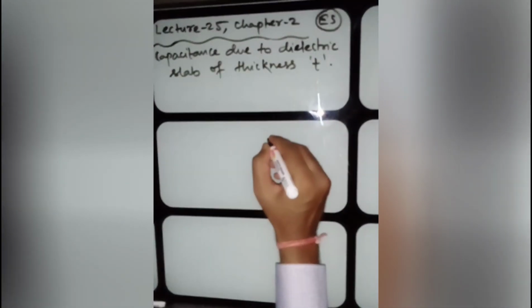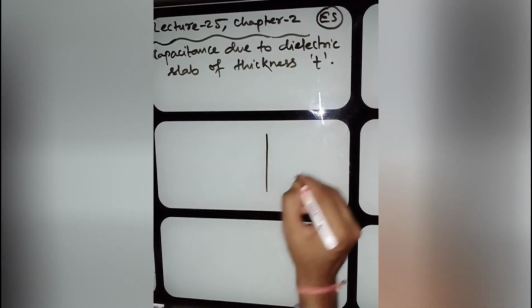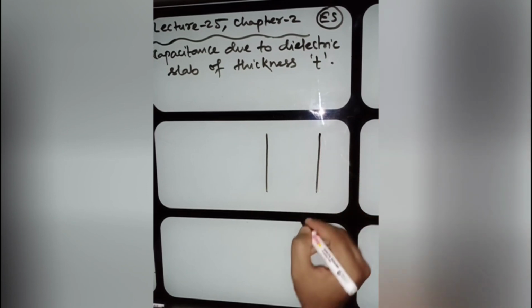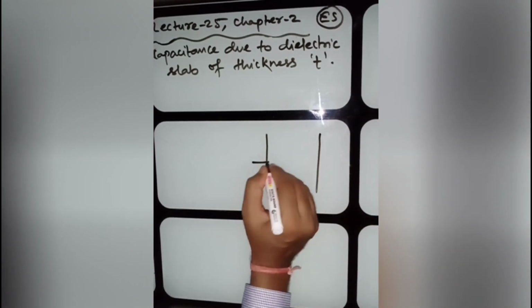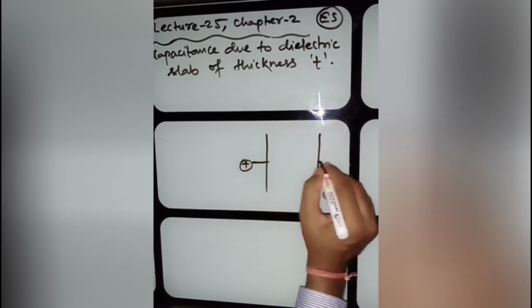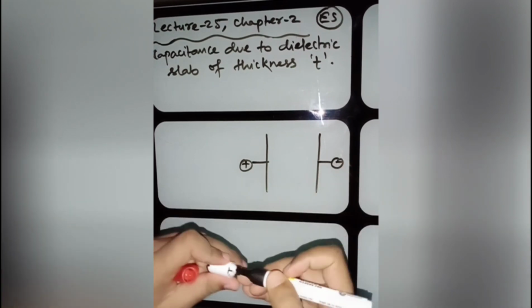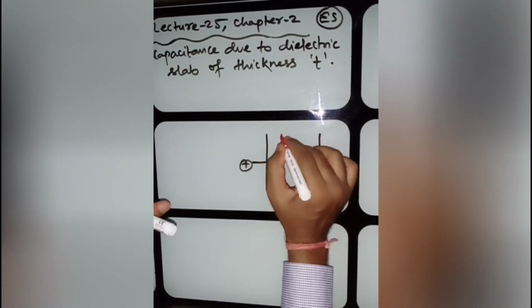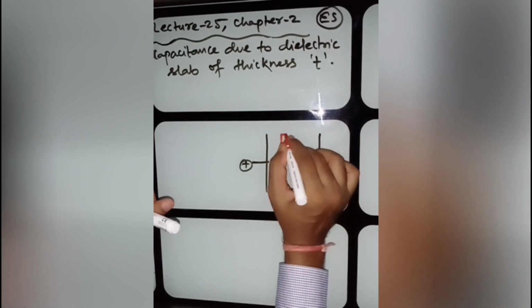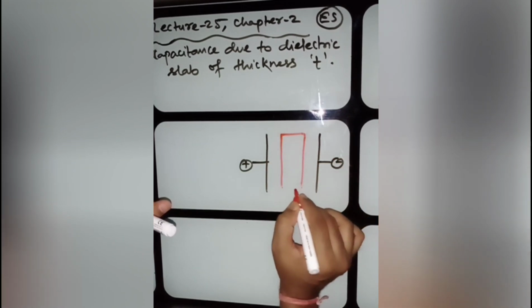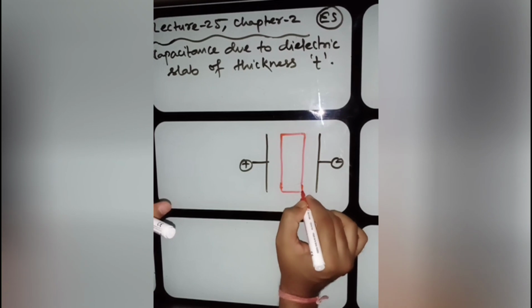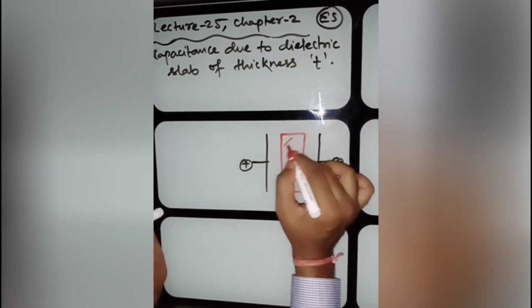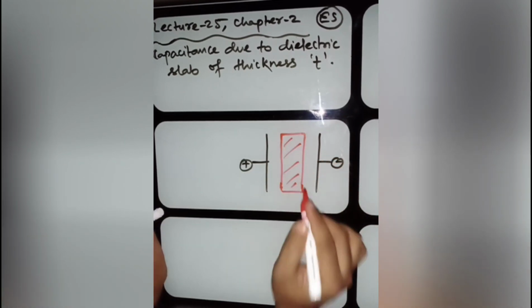Okay, my dear student, so this is the capacitor which is connected to the positive and negative terminals of the battery to apply an electric field, and this is the dielectric slab. Remember, you must remember the two spaces.